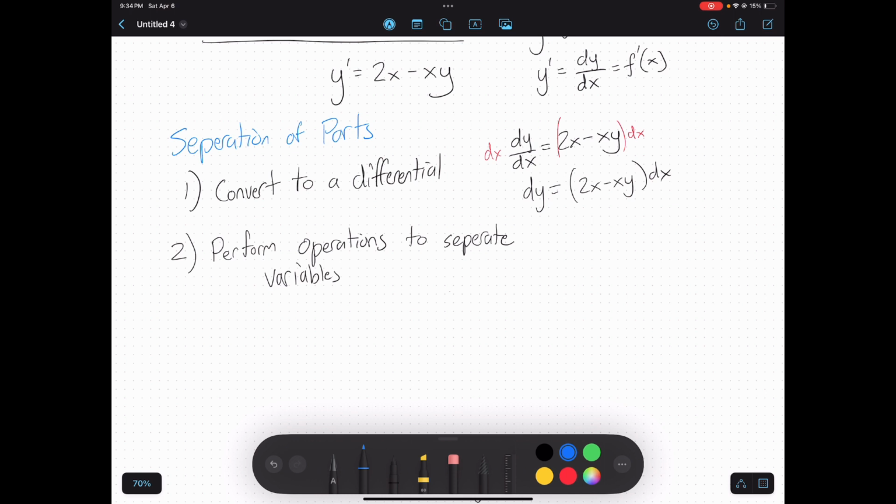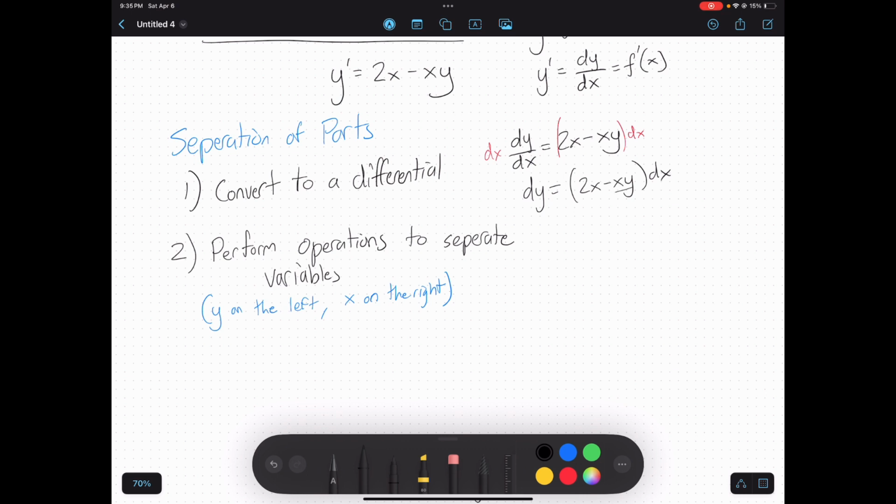Notice I've got dy on the left side of my equal sign and dx on the right side. Because of that, I want all of my y variable stuff on the left, and anything that deals with x on the right. So, with my example function, I want to get my y value over to the left side.